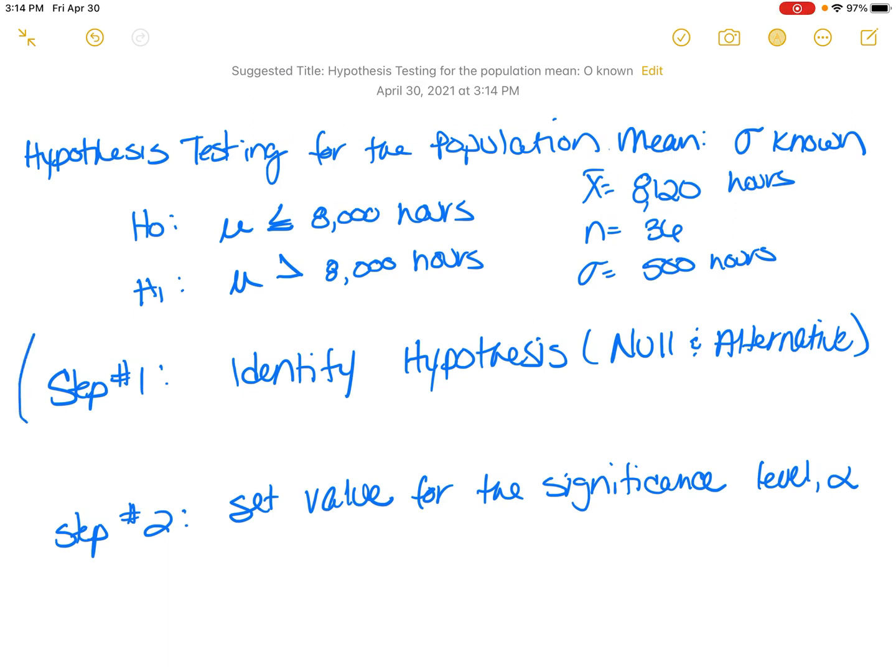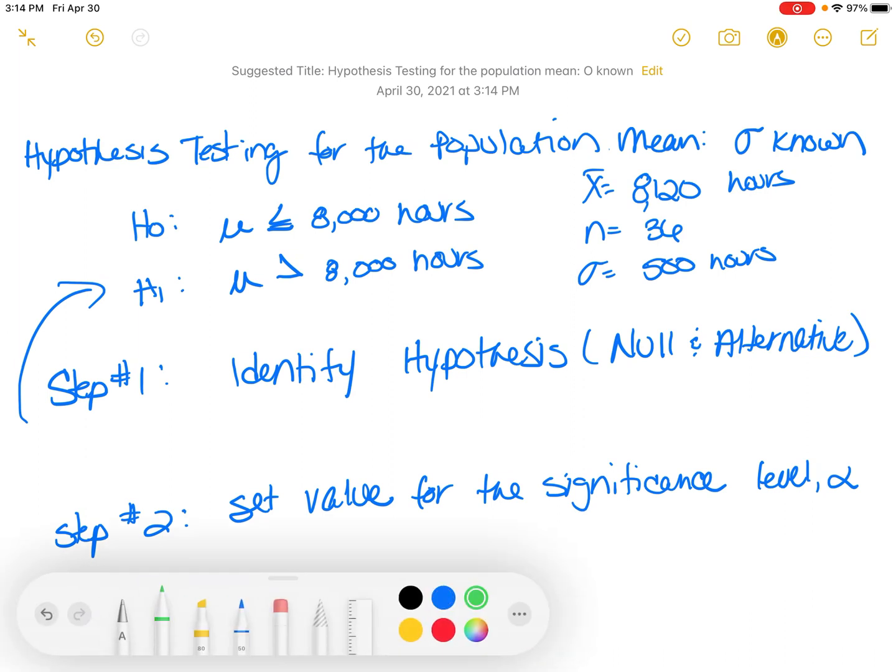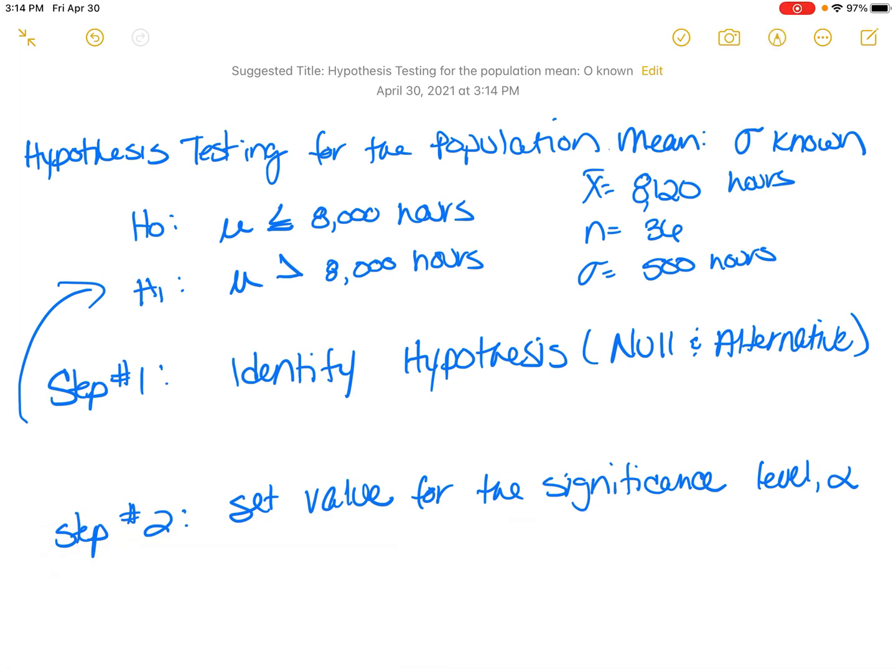So the first thing we're going to do, and I've already written it, is identify the null and the alternative. I'm going to write with a different color pen because that will be helpful. We know that the status quo was equal to 8,000 hours.